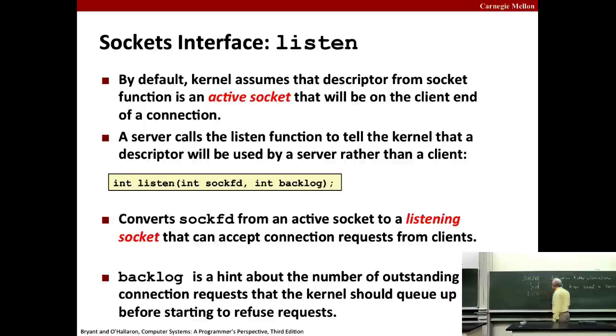So it's a way of telling the kernel that this will be a server socket. Obviously, bind and listen are related ideas, but you have to do both steps and in that particular order to create a listening socket, or one for a server.